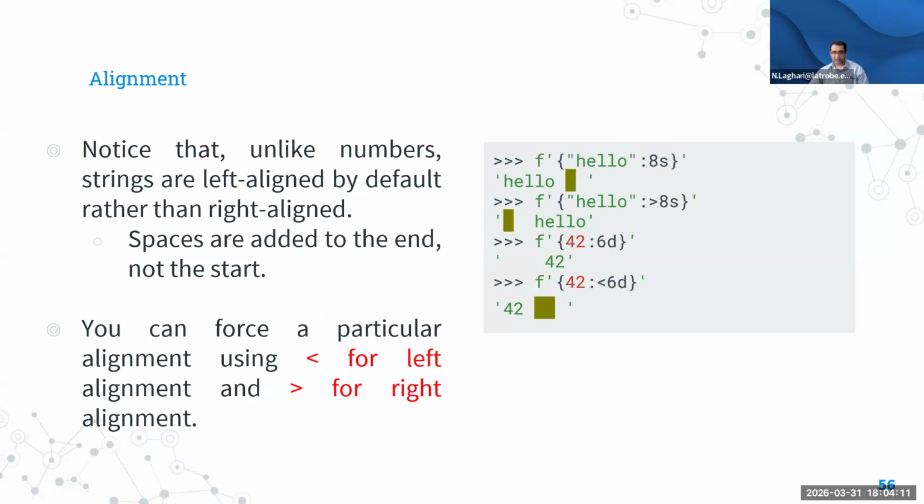Here you see that we have hello 8S and it is right hand side aligned. And if you want to change the alignment, you can use the greater or less than sign, so it will just be changing the alignment direction. So with the same string, after the colon we have now mentioned to align it to the right hand side.